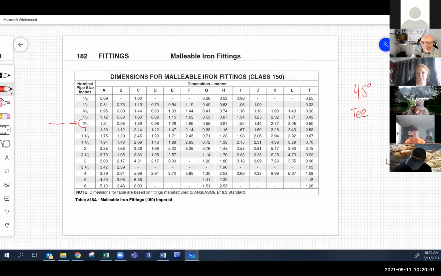You're going to go right here at 3/4. And A is for the T. So we're going to go 1.31, and we're going to minus off the thread engagement. So we're going to minus off 0.5.